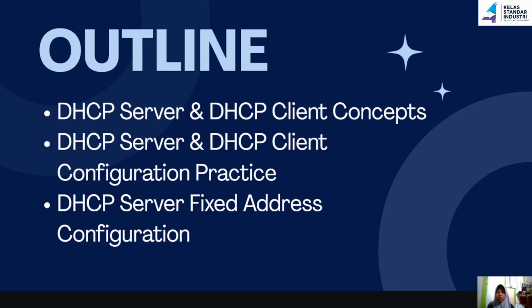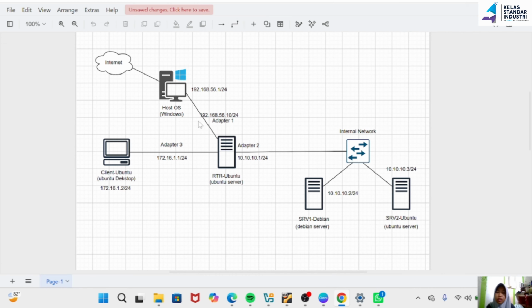For the second topic, we will cover the practical configuration of a DHCP server and DHCP client. We have previously discussed the concept of DHCP. You should know that DHCP stands for Dynamic Host Configuration Protocol.